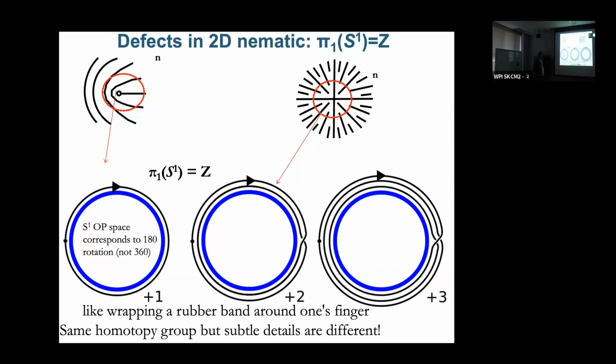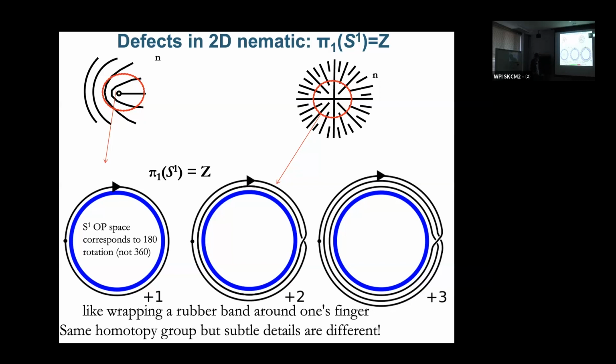So they would associate a plus 1/2 charge with this kind of defect, right? A winding number. And so that one should, however, relate to 1 in the homotopy theory type of presentation.